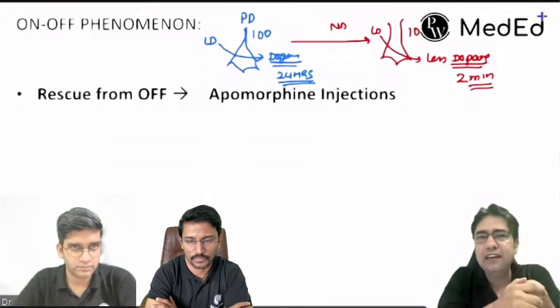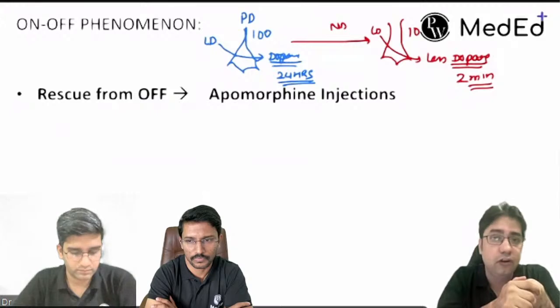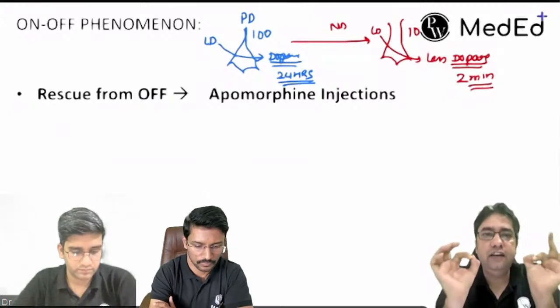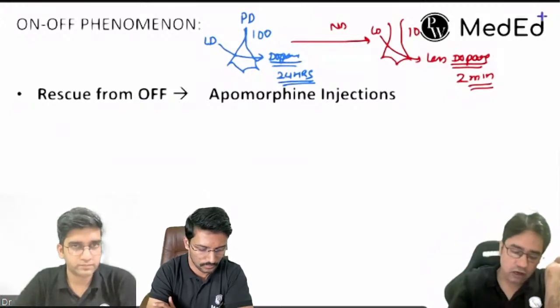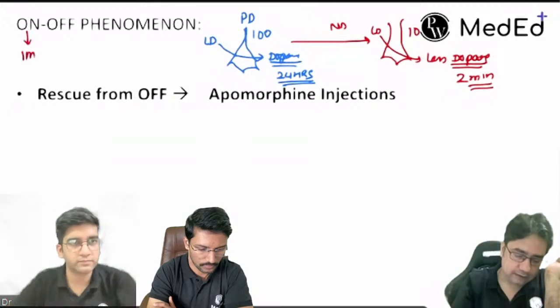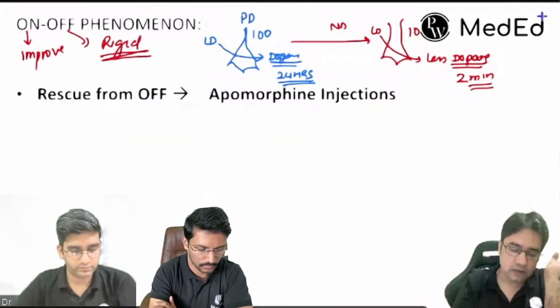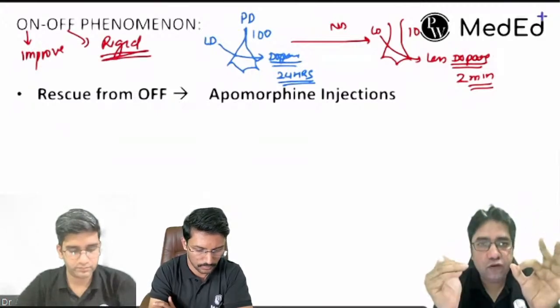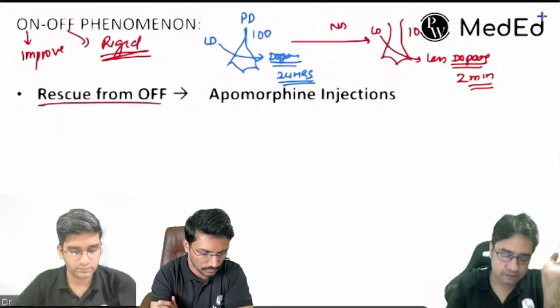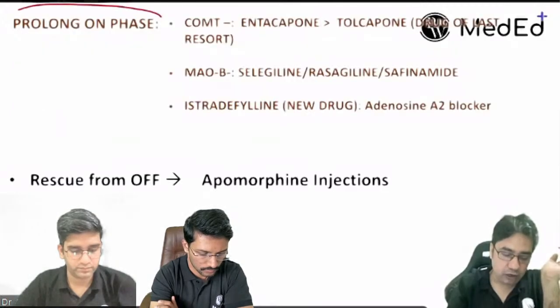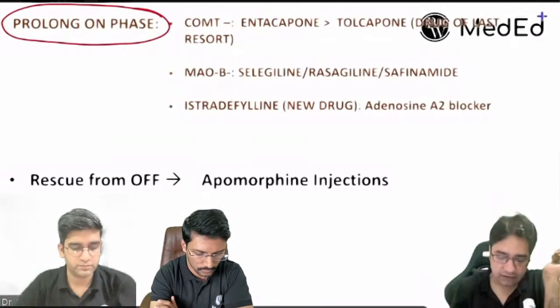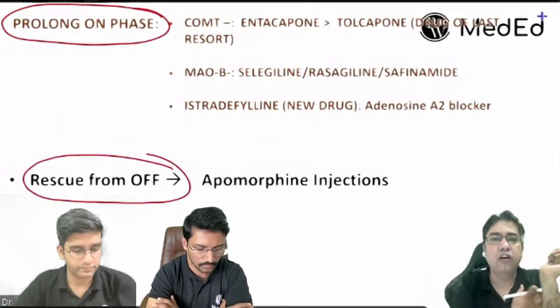So if a person comes with late-stage on-off phenomenon, what is our agenda? Can we say on means improvement occurs? Off means the person again becomes rigid. So what do we have to do? We have to prolong the on phase. We have to prolong the on phase of the person, and we have to rescue that patient from the off phase.